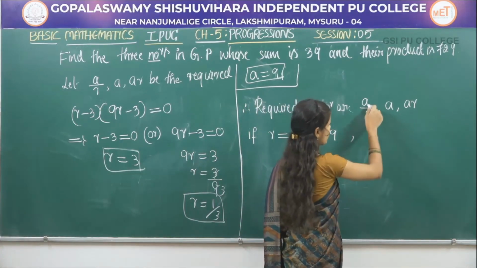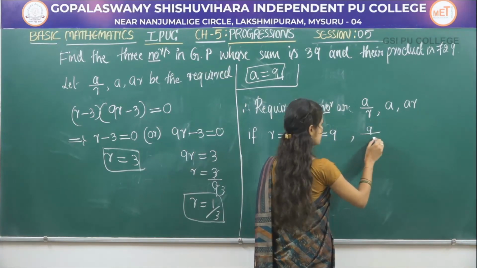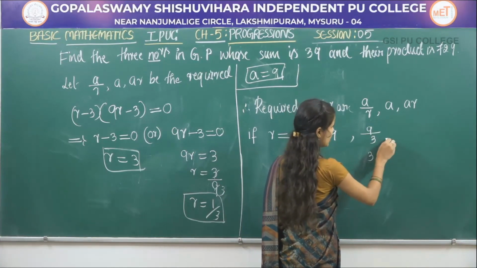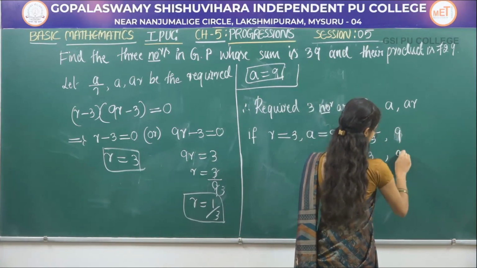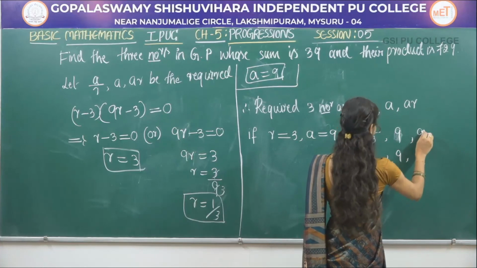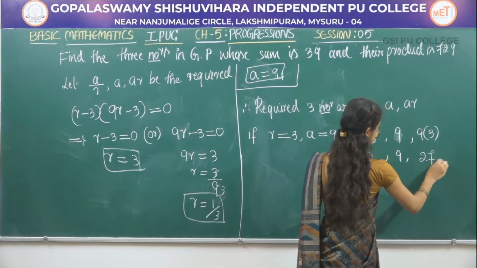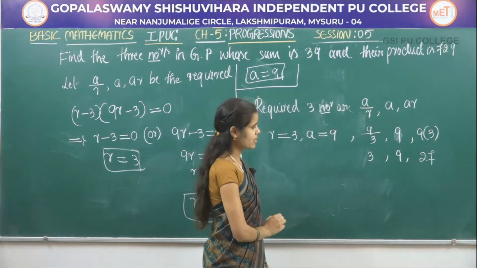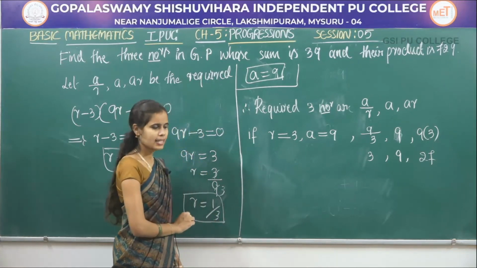Then A by R means 9 by 3, which is 3. A means 9, and A into R means 9 into 3, which is 27. Therefore the required 3 numbers are 3, 9, 27 when R is 3 and A is 9.